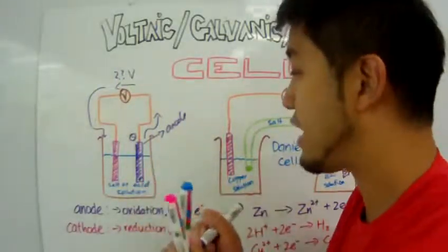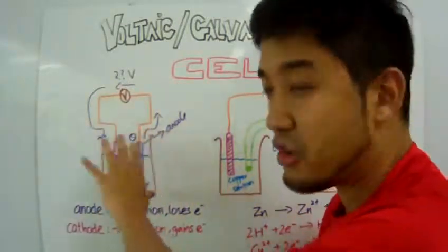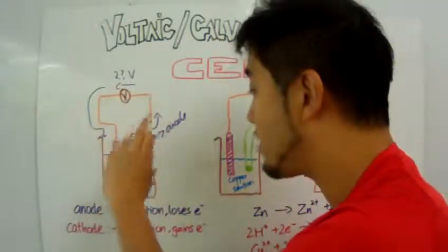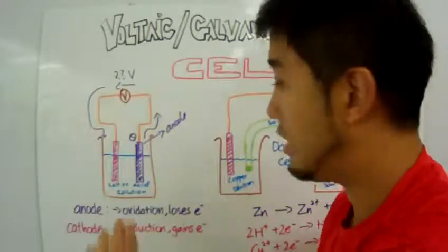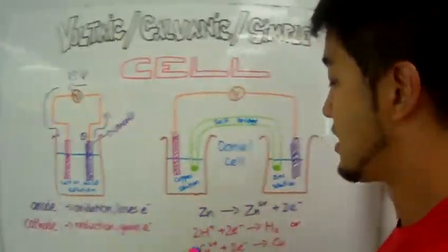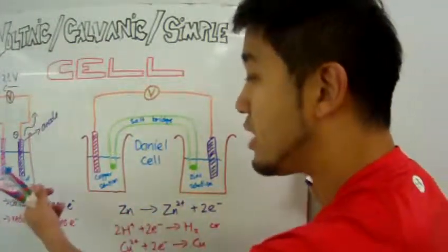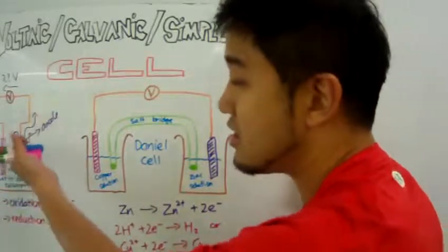Let's put a real example into this illustration. Let's say that this is a zinc metal. Zinc is going to dissolve into the solution. Let's say that this is the acid solution.